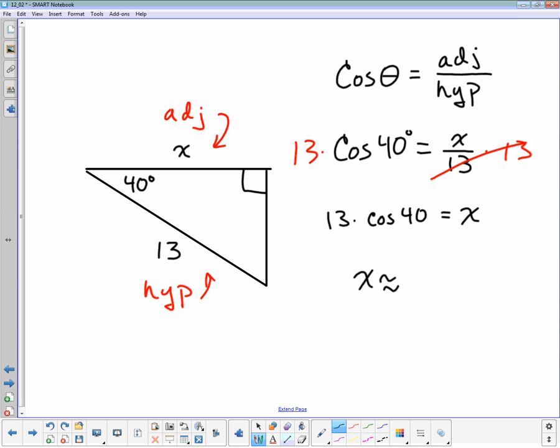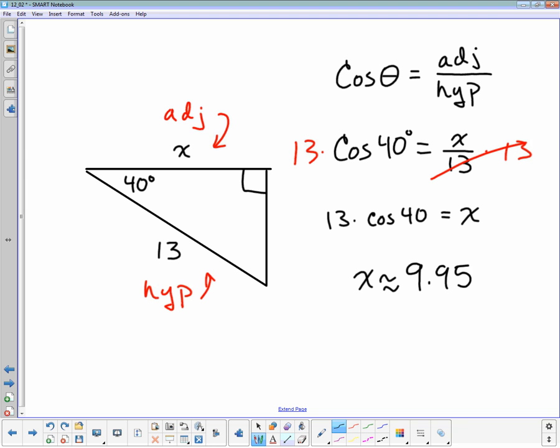X is approximately what? 9.95? Is that what I'm hearing? So, looking at the size of the hypotenuse, does it make sense that 9.95 is a reasonable answer there? Right? Okay.